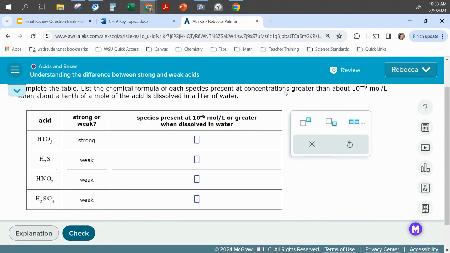Okay, so this one's not too bad. Let's pull up the notes. The next, I think, is understanding the difference between strong and weak acids.